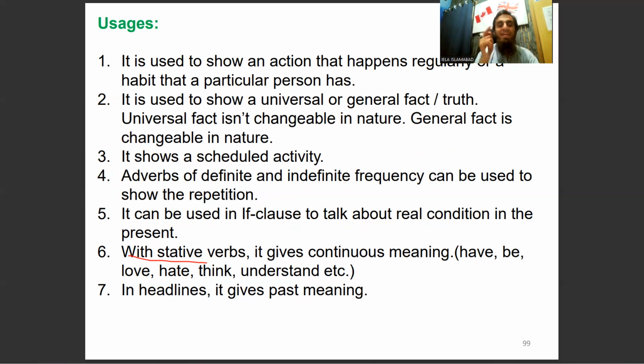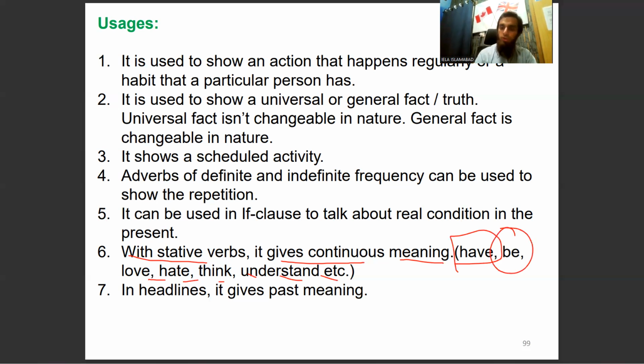Next, with stative verbs. Stative means no action, only state, solid form. It gives continuous meaning. Have, been, had, think, understand, etc. We also use present simple tense. For example, I like it. I hate drama. I love new information. I think we should go. Now for think, like, have. Or I have one brother. I have a brother, right?